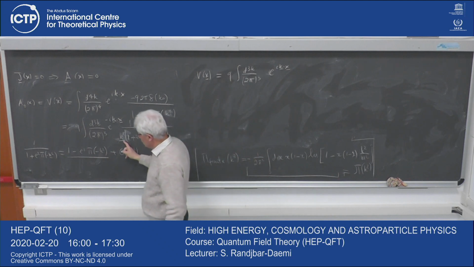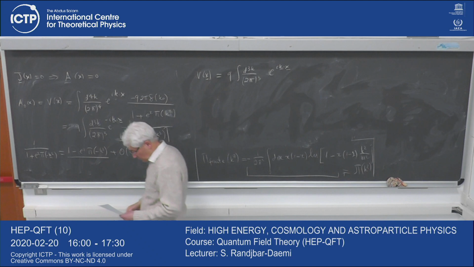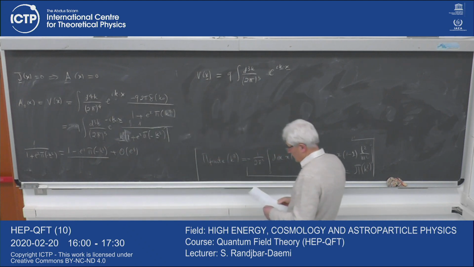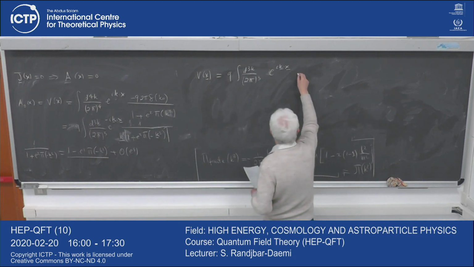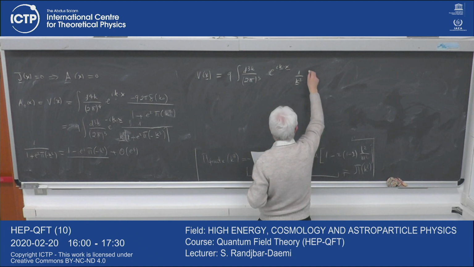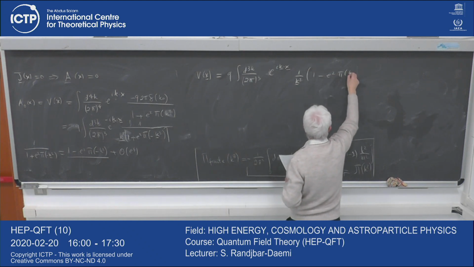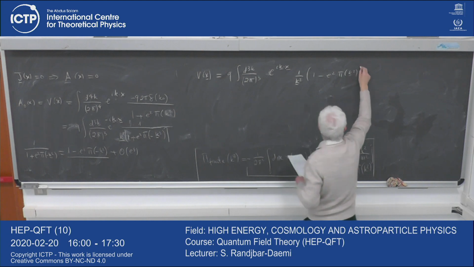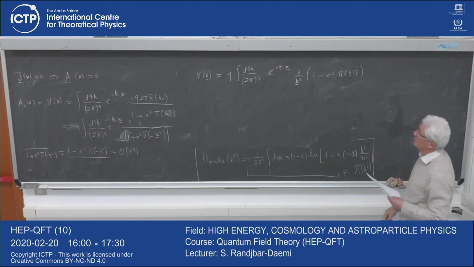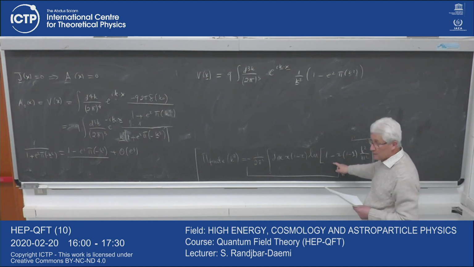There is a k squared here, which will multiply the 1 coming from there. Let me first write everything and then we write two equations. So the two equations is 1 minus e squared pi of k squared. That's our one loop approximation, where pi of k squared is given by this integral here.